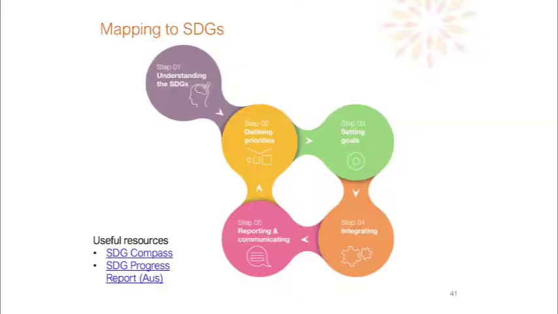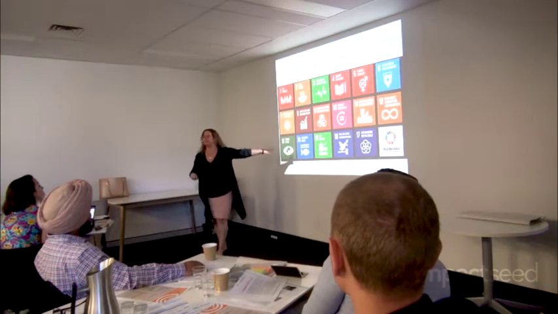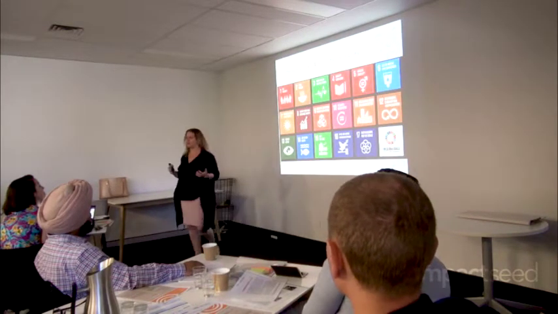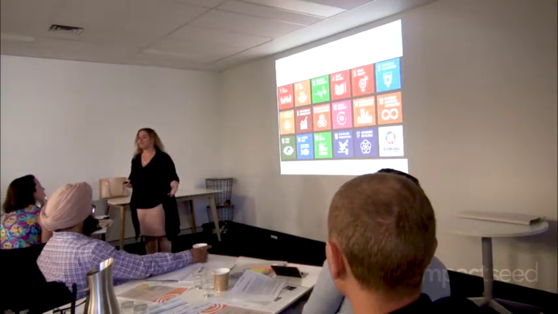And there are some really useful tools to help you do that, particularly for Australia too. So underneath each of these are indicators. We've been talking about different kinds of indicators. There are certain indicators that sit underneath these that have goals attached to them that the UN is looking to achieve. So you can have a look at those indicators and ask, is that something that's relevant to us?